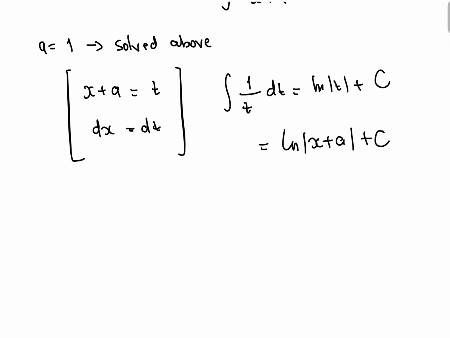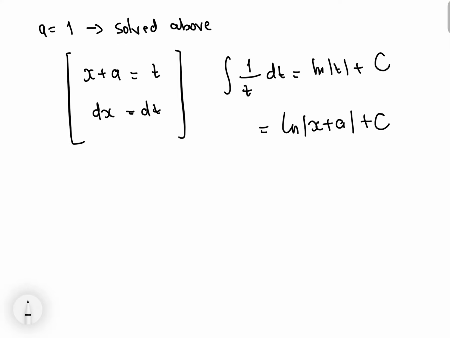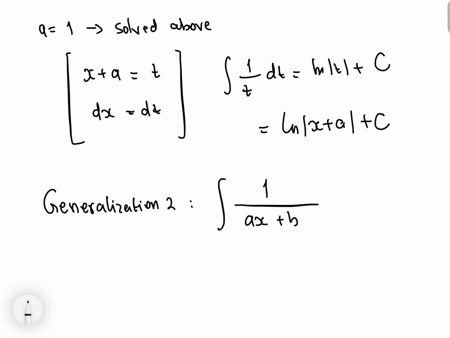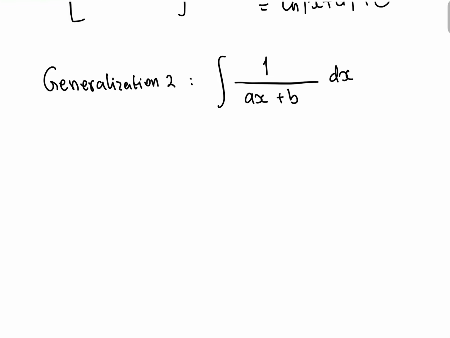There is yet one more generalization that we can do. So let's say generalization 2. That is, if we have an integral of 1 over ax plus b dx. Again, you can pause the video and try on your own. Here, the substitution will be ax plus b equals t.